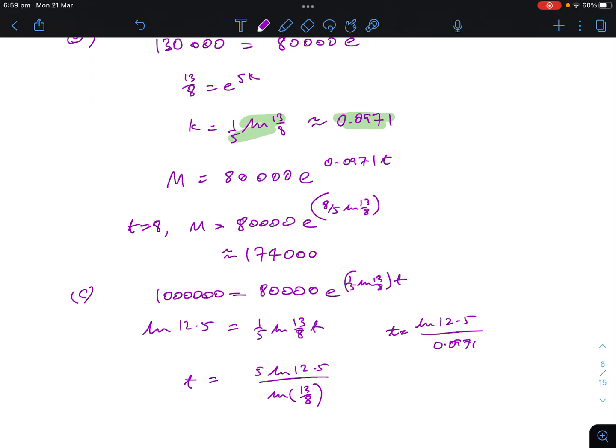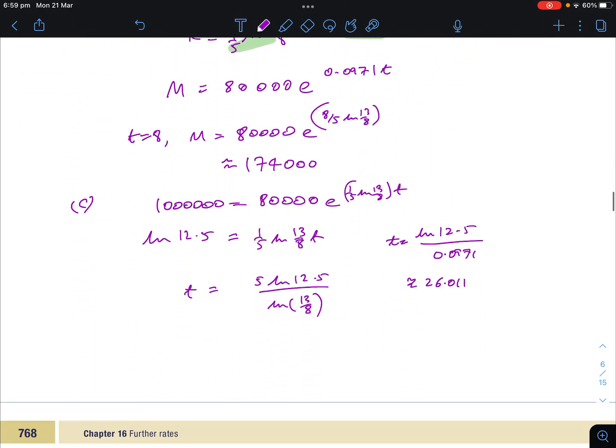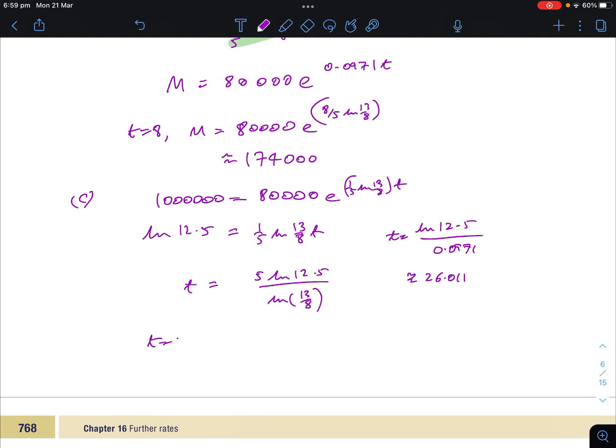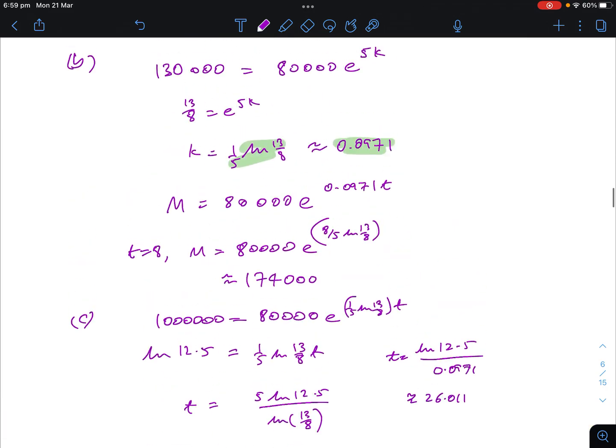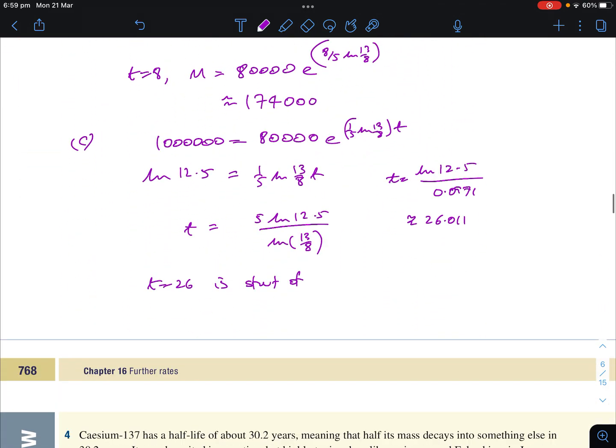So that's the log of 12.5 divided by my answer, and I get approximately 26.011. It says, predict in what year. So when t equals 26, that's the start of 2010 plus 26, 2036.